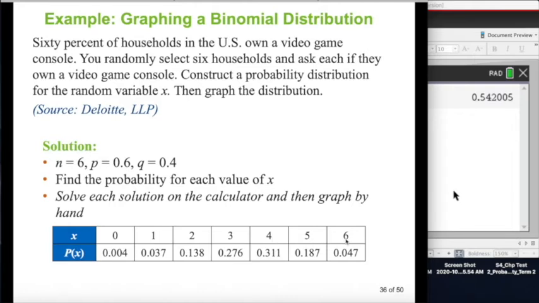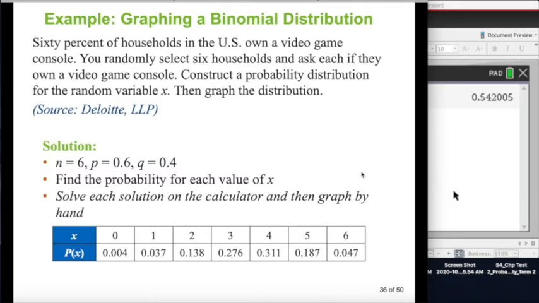Remember, the random variable is the number of households in the US that own a video game console, and you're asking 6 households, so it can be none having a console, or just one, until 6 having a console. You need to find these probabilities.